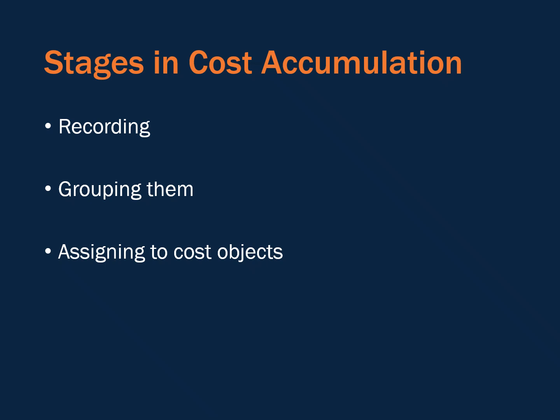So no cost will fall through the cracks. At the end of the day, when we add the cost that we have assigned to the various cost objects, they should match up with the 3 cost groupings that we put together. So these are the simple stages involved in cost accumulation.